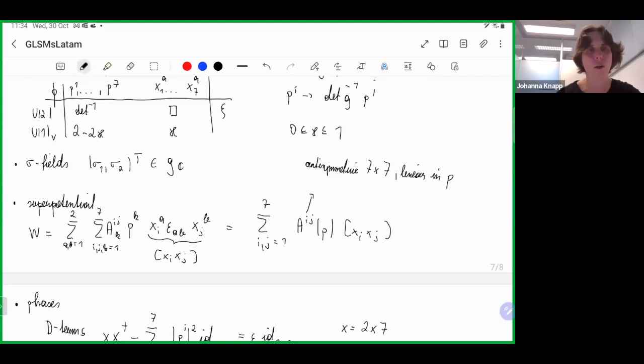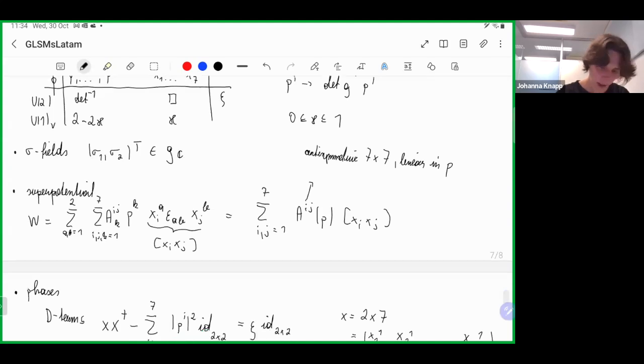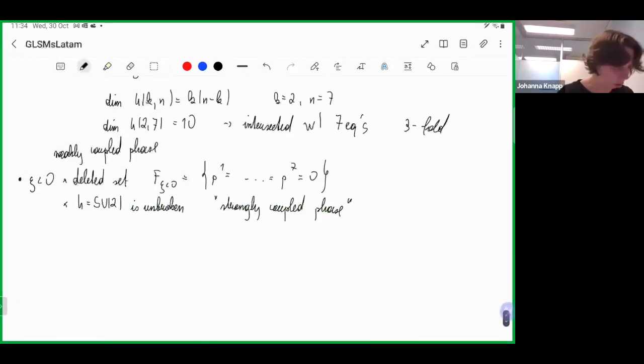This will be the degrees of freedom relevant at very low energies. Hori and Tong go through a detailed discussion of a Born-Oppenheimer approximation to do this. So what we see is that there are massless fields when the rank of A(p) drops.